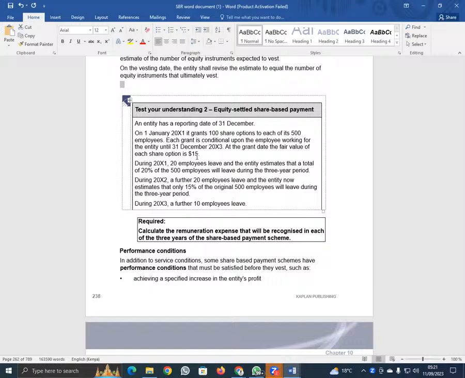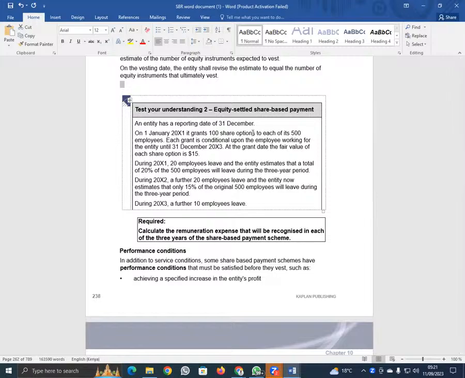If it's cash settled, then the fair value at the end of the year will always change. Remember, we are told that on 1st of January 2021 it grants these guys 100 shares for each of its 500 employees. Each grant is conditional upon the employee working for the entity until 31st December 2023.